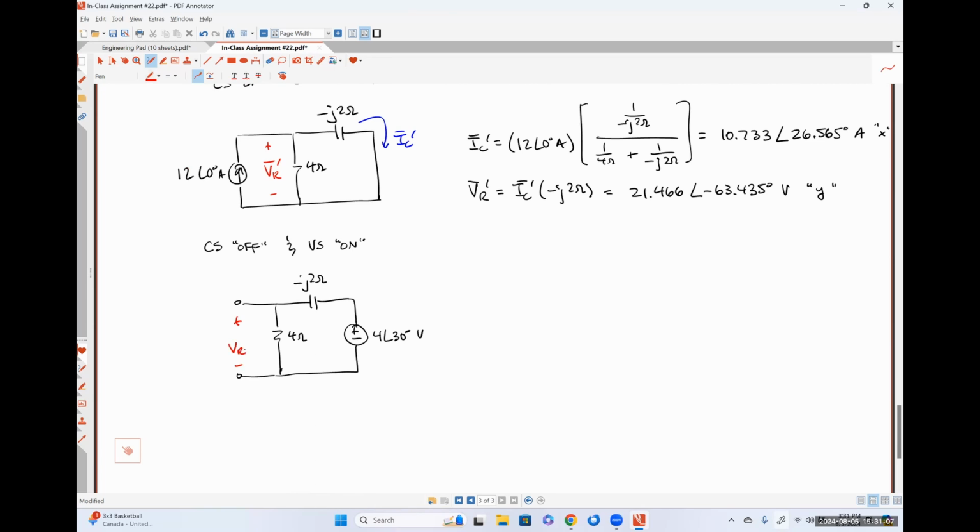Here is VR double prime. Here is IC double prime. So how could we solve for either of those quantities? We just do a voltage division for the 4 ohm resistor to get the VR double prime. Sounds easy enough to me. So VR double prime is going to be 4 angle 30 degrees volts times 4 ohms over 4 minus J2 ohms.